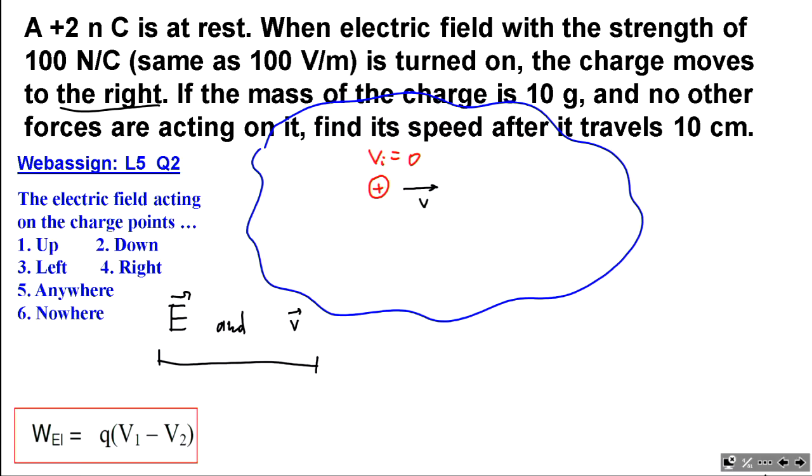So if we cannot find an equation which directly relates what we know and what we're looking for, in that case, we just start searching for equations which relate what we're looking for with something, or what we know with something.